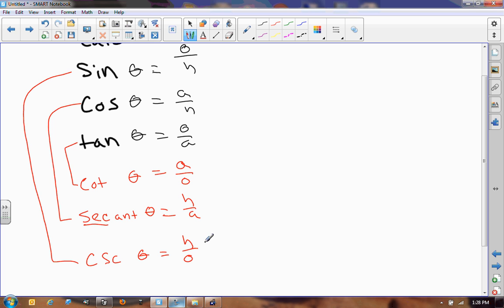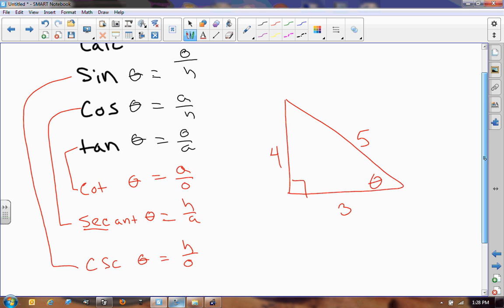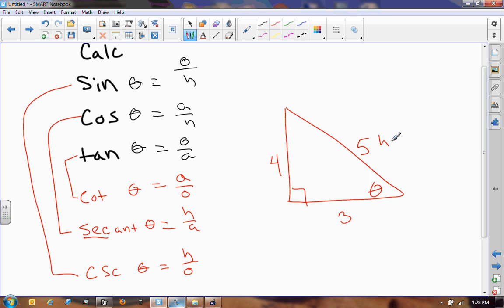Same thing. You have a triangle, 3, 4, 5, with angle theta down below there. Fill in the blanks: hypotenuse, opposite, adjacent.